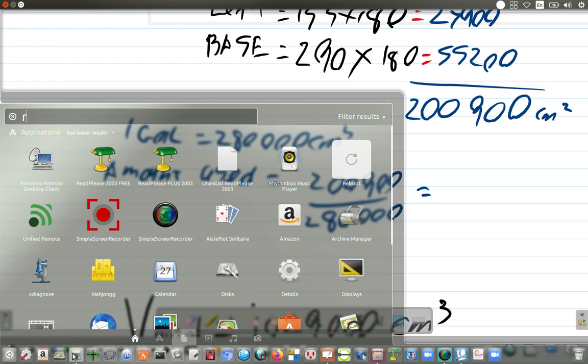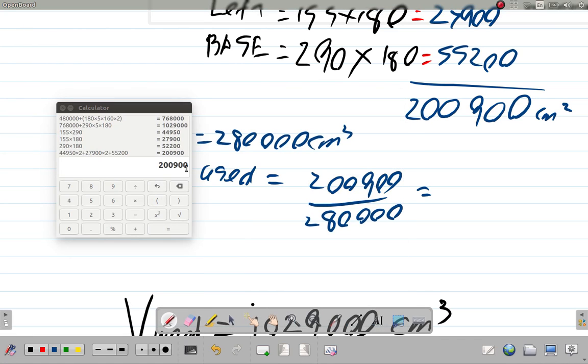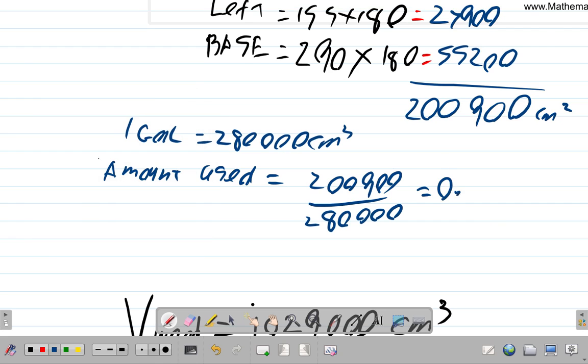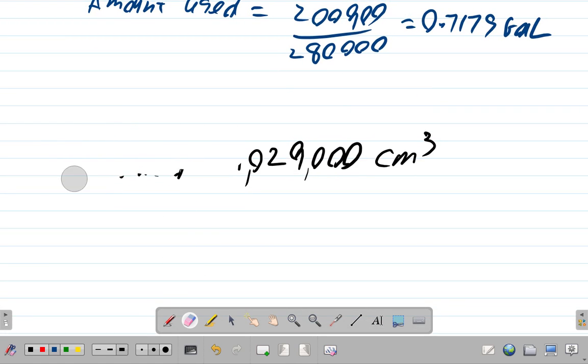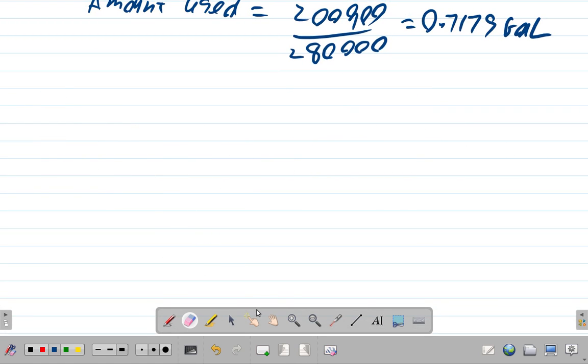You have this divided by 280,000 equals 0.7175 gallon. 0.7175 gallon of paint. But they said they want it in liters.